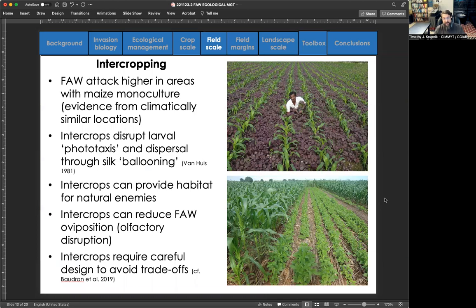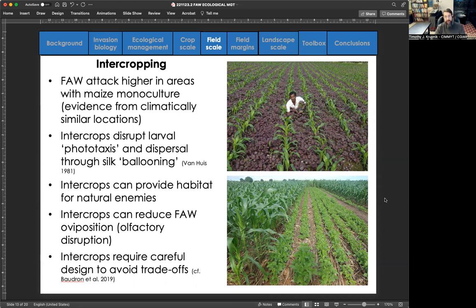Intercropping is often proposed as an agroecological method for management of a range of pest species, including fall armyworm. And what we have seen to some extent is that fall armyworm attack appears to be higher in areas with intensive maize monoculture. This is evidence from climatically similar locations in other countries and regions that are similar to Asia, and the environments and ecosystems that would be of interest to this group.